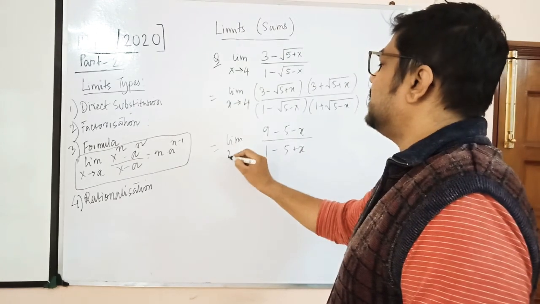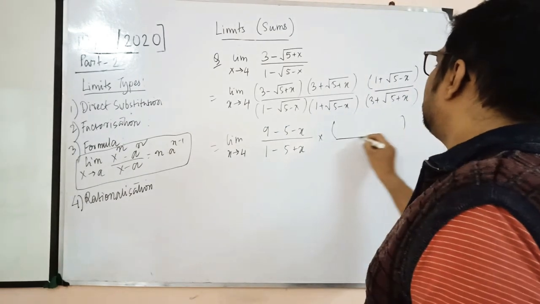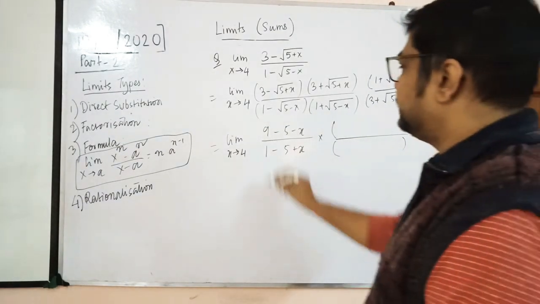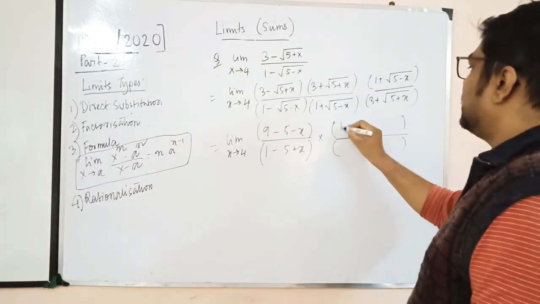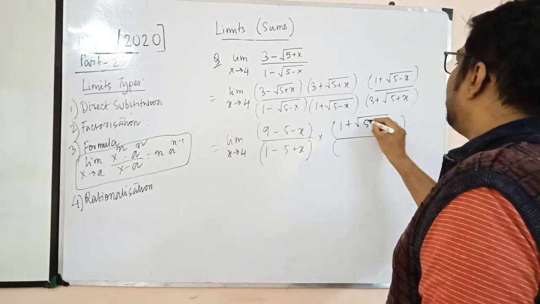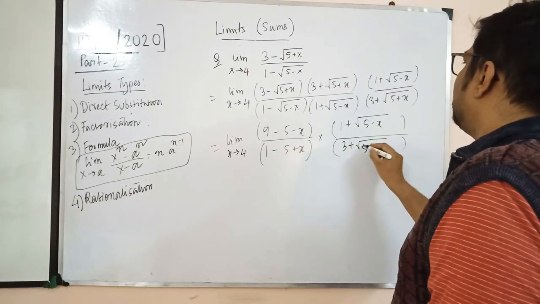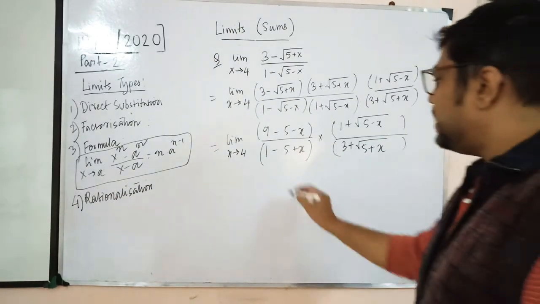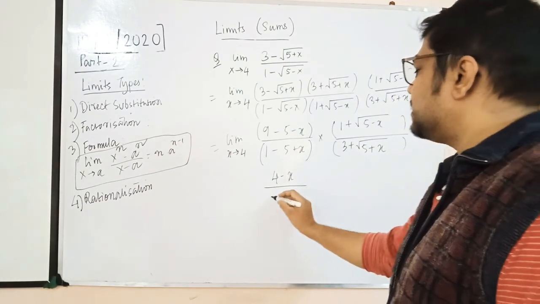Limit x tends to 4, and here the same thing is there. 1 plus root over 5 minus x, 3 plus root over 5 plus x. So here you get 4 minus x, and here you get minus 4 plus x.